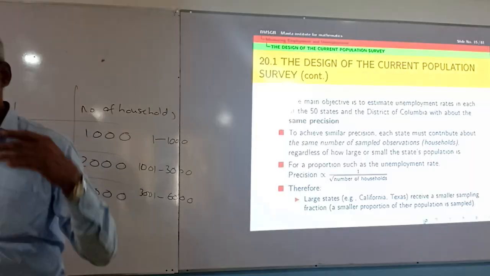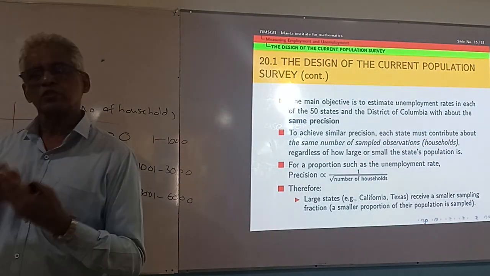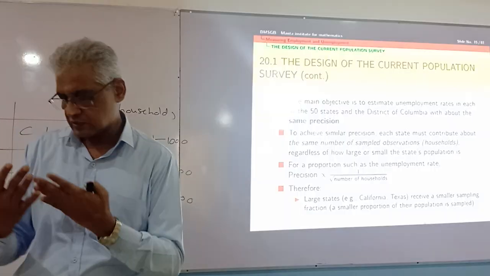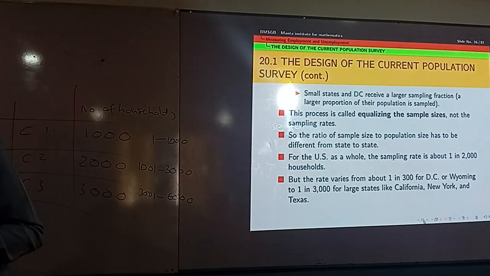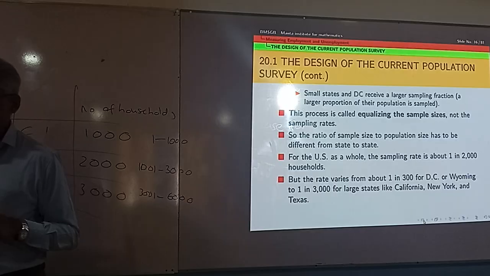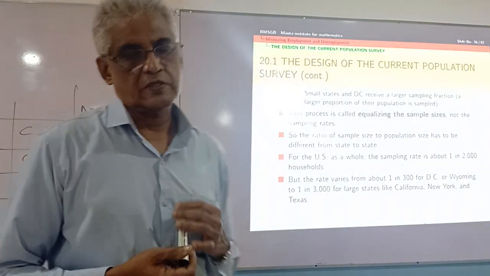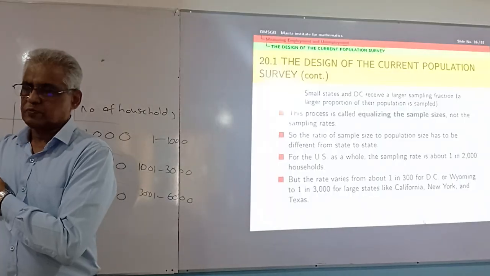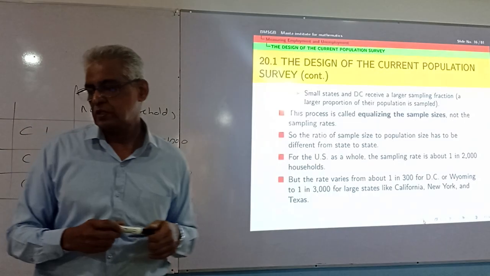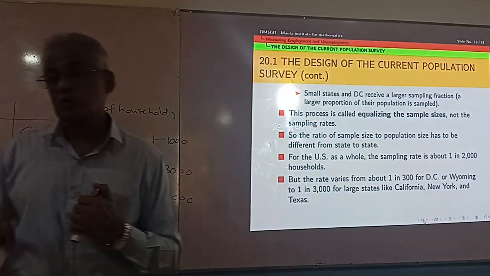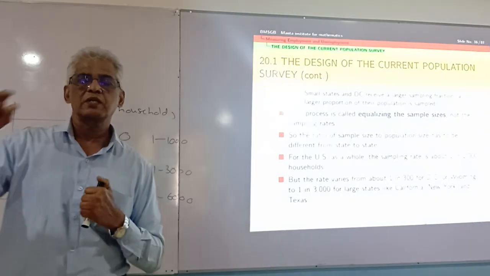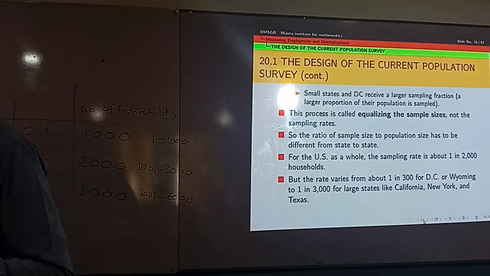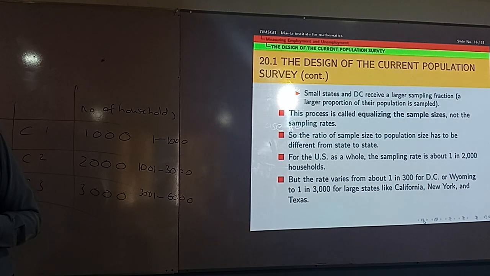There are very large states, small states, and so on. So the sampling rate will be different from state to state, but the sample size will be roughly the same. So this is called equalizing sample sizes, not equalizing sample rates. Sometimes people do that also, but in this case they are using equalizing sample sizes because they wanted to have the same precision in the estimates for different states.